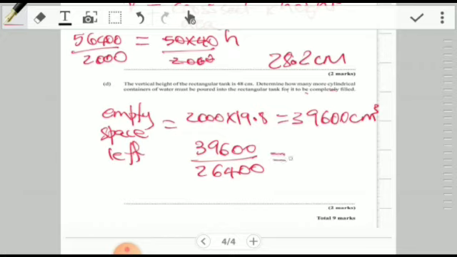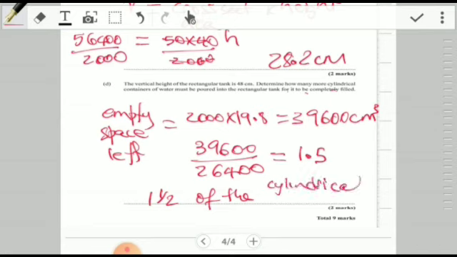And then this is going to give us 1.5. So basically we need 1.5 of the cylindrical container to finish filling up everything.